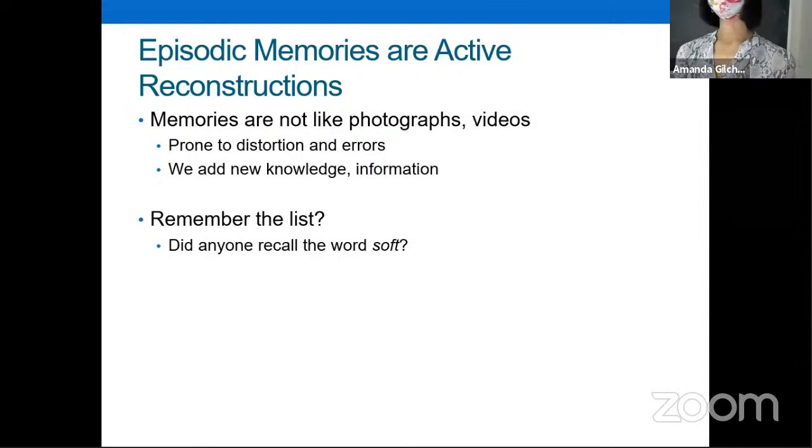So one of the things that I often like to do, and if you were in my general psychology class, you might remember me doing this, I gave you words like pillow, downy, fluffy, kitten, and things like that. Now, I believe that's not actually the list I gave you. This is a similar sort of list.